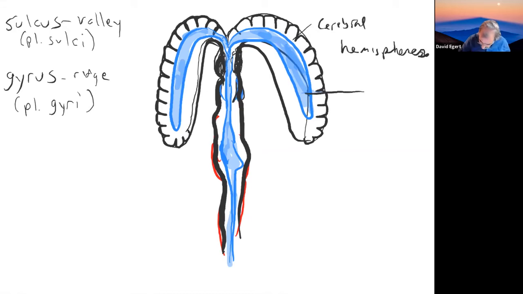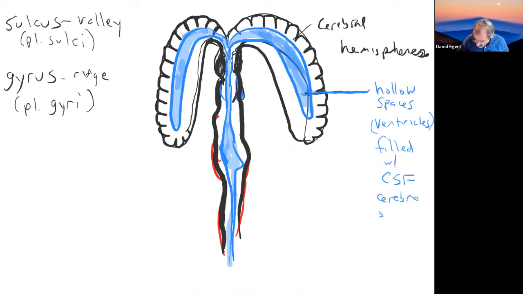Let's do blue. And they're called ventricles for the big ones. We'll talk more about cerebrospinal fluid in just a few moments. Let me also improve my picture here by giving the brain tissue some color.